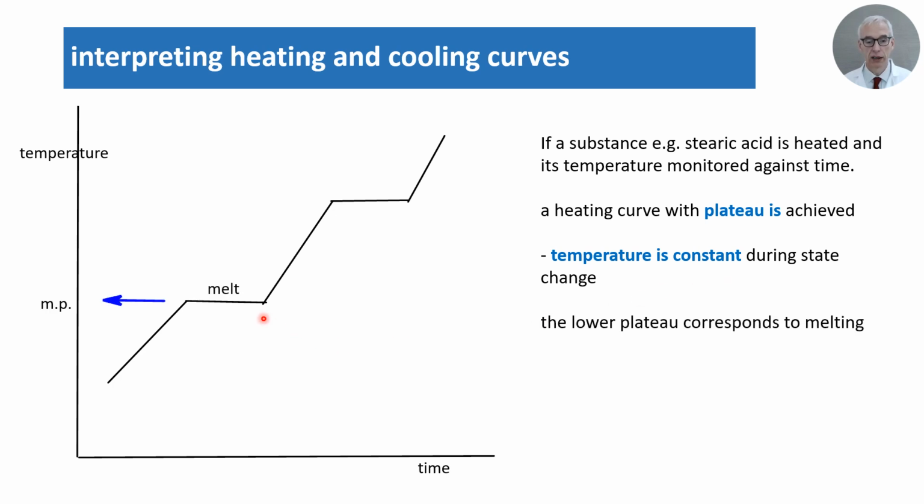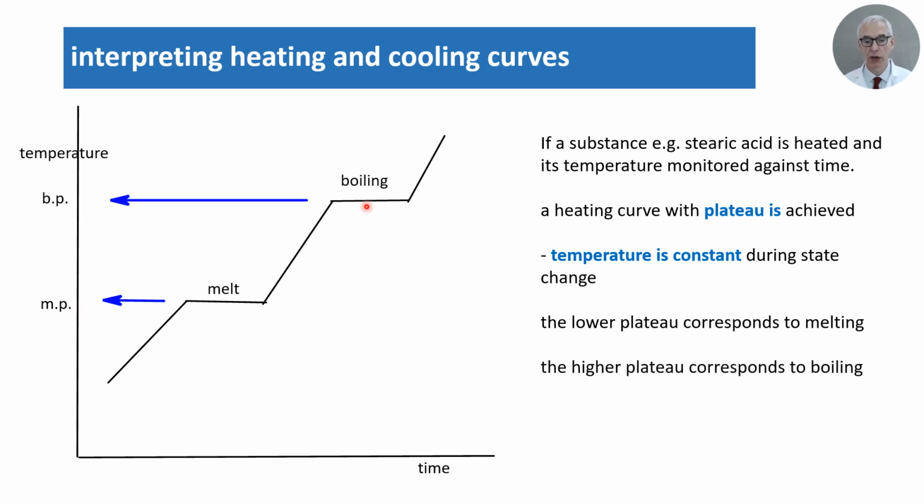The lower plateau, of course, corresponds to melting and occurs at the melting point. The higher plateau corresponds to boiling, at a temperature that is the boiling point. At temperatures above that higher plateau, the substance is a gas. Below the lower plateau, the substance is a solid, and obviously in between it is a liquid.